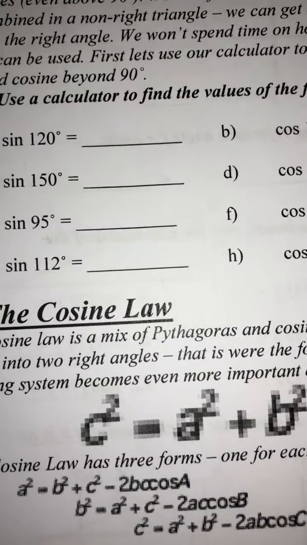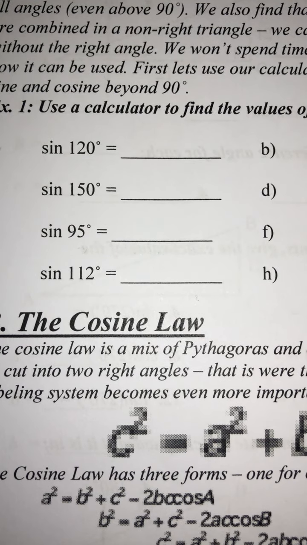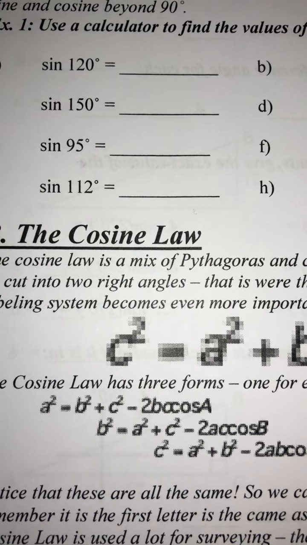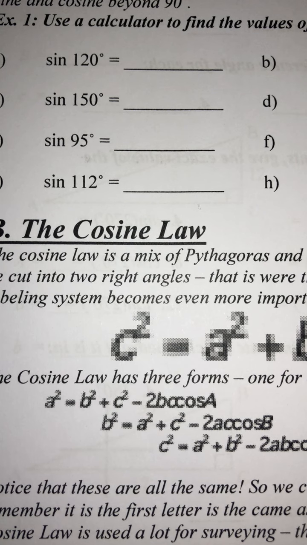So you can use a calculator, you can do these, that's easy. What I'm going to look at now is what's called the cosine law. And this cosine law works for triangles that do not have 90 degrees.